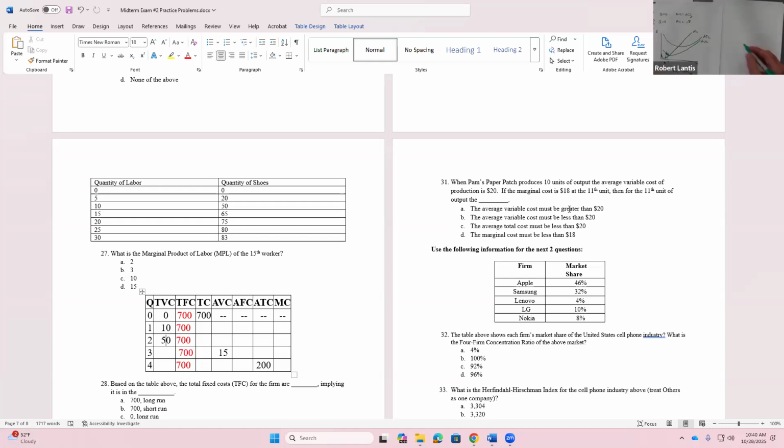So I'm trying to add some things into questions that are being asked, but if I'm just looking at my marginal costs, whenever my marginal costs are decreasing, we know we've got gains from specialization. As soon as my marginal costs start to increase, I must be on that diminishing returns portion for my marginal product of labor.